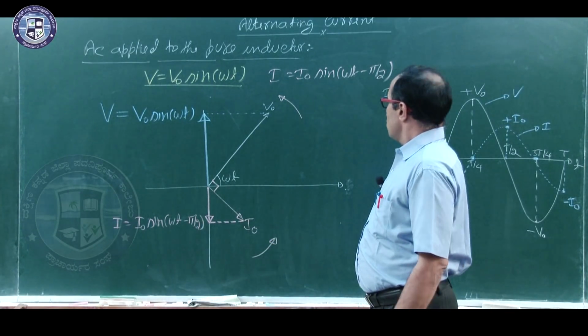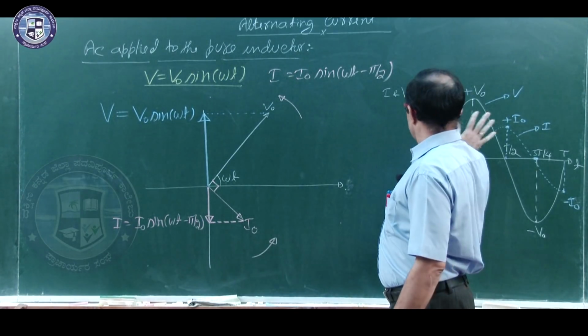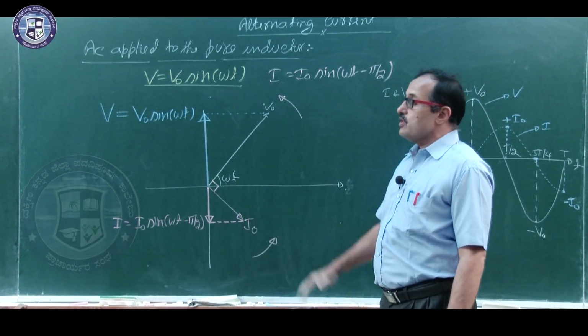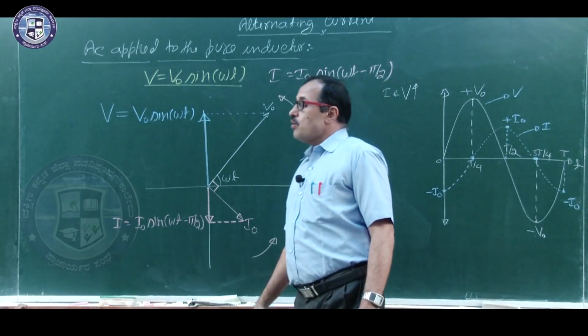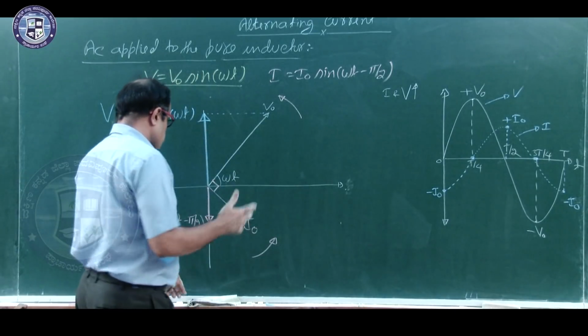Now, can we link both of them? Because it is the graphical representation and it is the phasor diagram. So, how to link both of them? We try to plot both of them side by side.